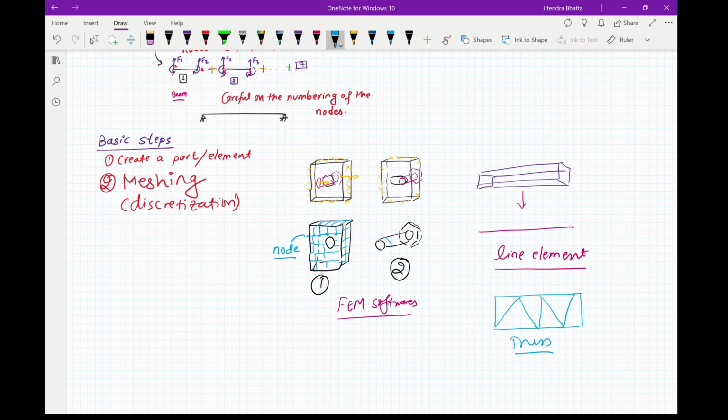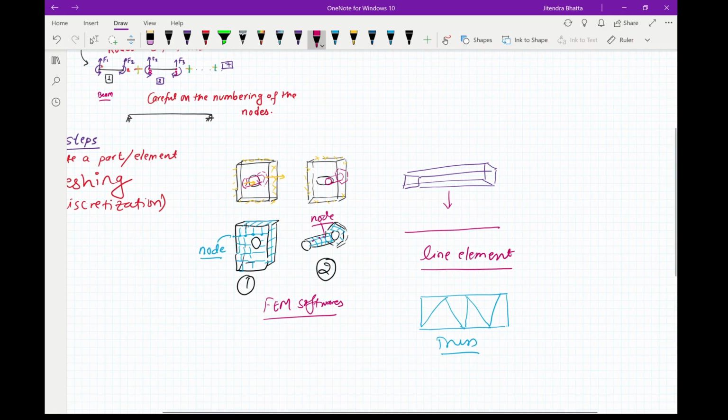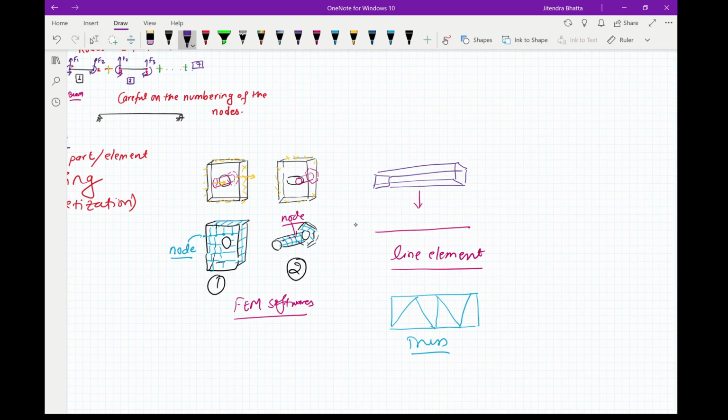Similarly, for the bolt as well, we may have to discretize it like this. So each of these intersections will be a node. Now in theory, if you have a beam like this, then you may discretize this beam into 4 different elements like this. Or if you have a truss, you may discretize it like this.